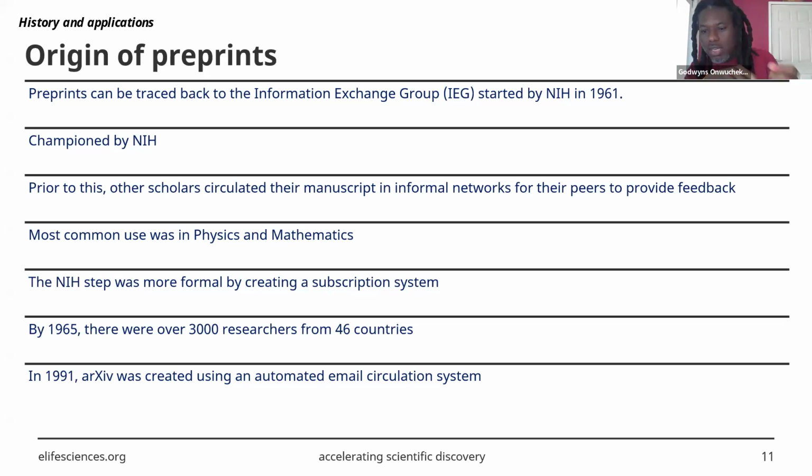They can look at it and give you feedback, but also any other person. Let's assume I'm not in your field, but I happen to see it. I can also give feedback on it, okay? Because I'm not in your network, I'm not your peer, I'm not in the same university, institution, or country as you, or even continent, but I can also encounter your preprint and give you feedback.